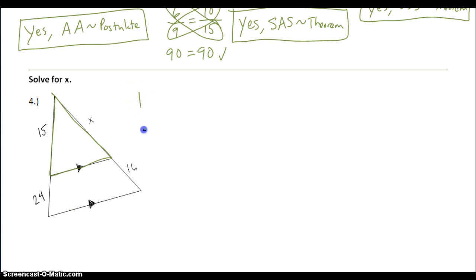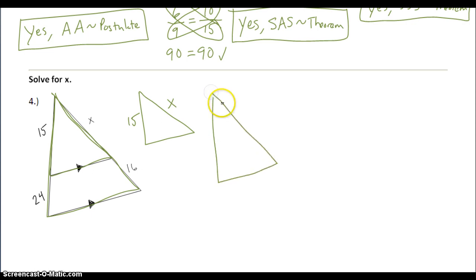So I have a small triangle with side lengths 15 and x, and a larger triangle with side lengths 15 plus 24, which is 39, and x plus 16. Make sure that this length is not written as 16x. It's not 16 times x. It's x plus 16.